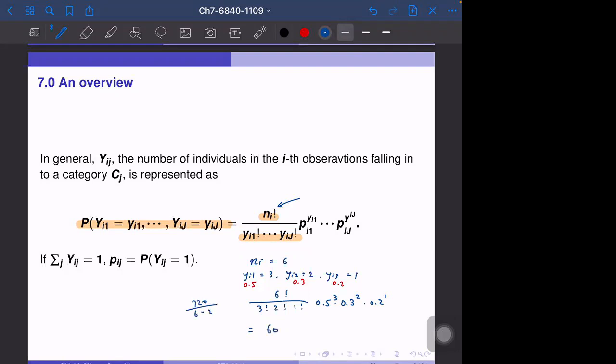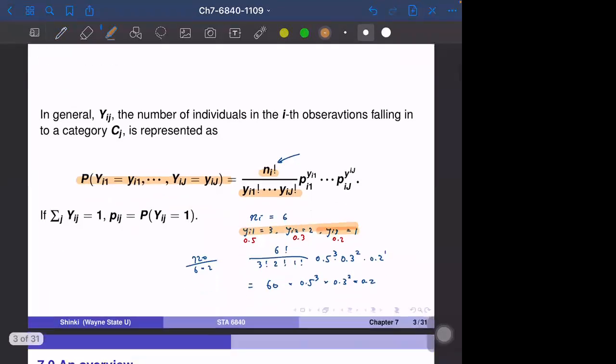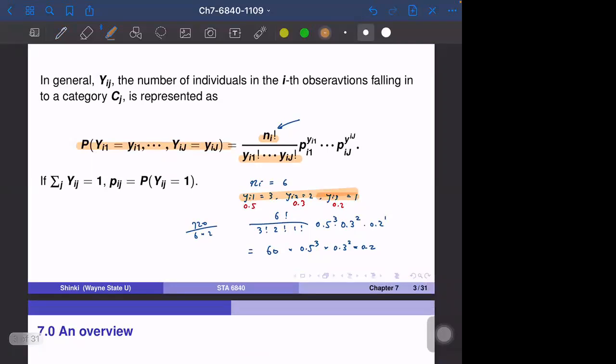So 60 times 0.5 to the third power, 0.3 squared, times 0.2. In this way we can calculate the probability of yi1 equal to 3, yi2 equal to 2, and yi3 equal to 1. So this is the setting of multinomial models.